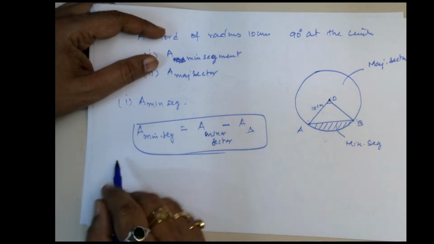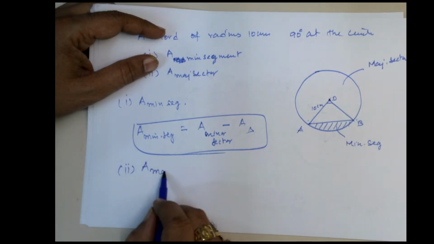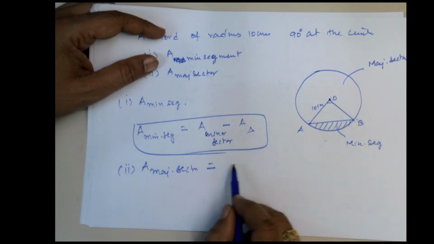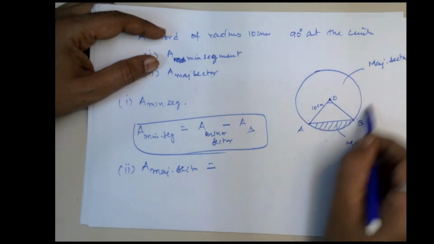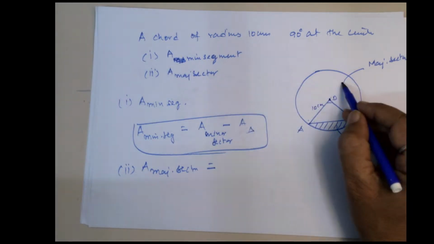Second answer is area of major sector. How to find out? That is the area of the whole circle minus area of the sector. That gives you definitely your major sector, is it not?